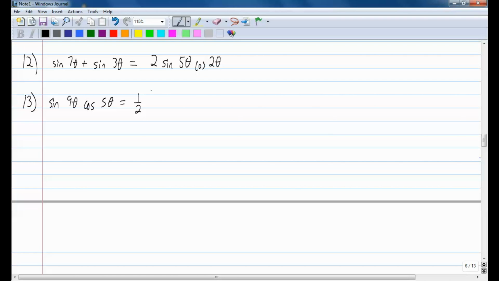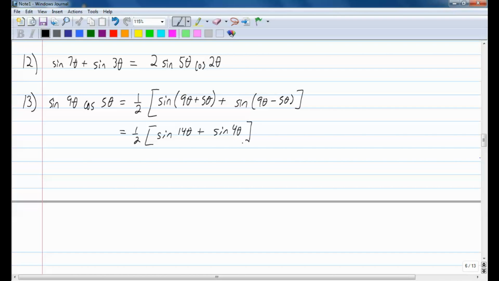That's going to be 1/2 times sine of alpha plus beta, so 9 theta plus 5 theta, plus sine of alpha minus beta, so 9 theta minus 5 theta. So it's going to be 1/2 times the sine of 14 theta plus the sine of 4 theta. And that's how we would want to leave our answer. So for number 13, that's D. D is in delta.